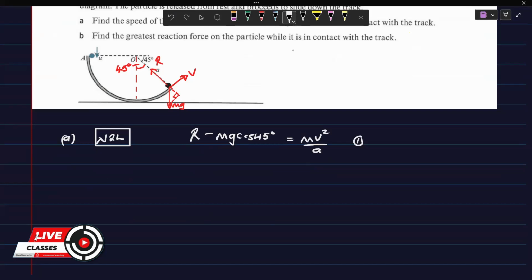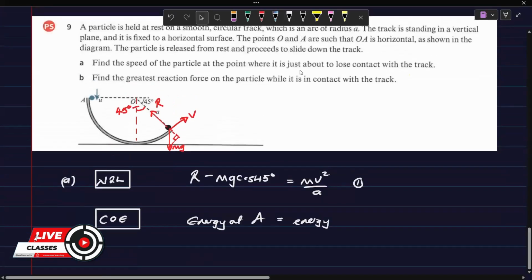So let's look at the conservation of energy. The initial energy, which is the energy at A, should be equal to the total energy when the particle is about to lose contact with the track.